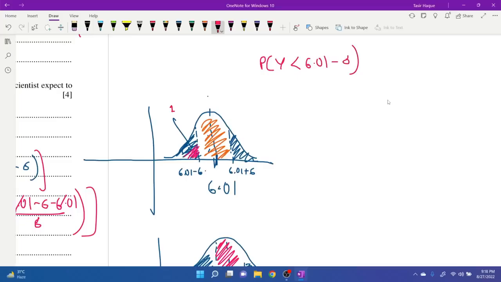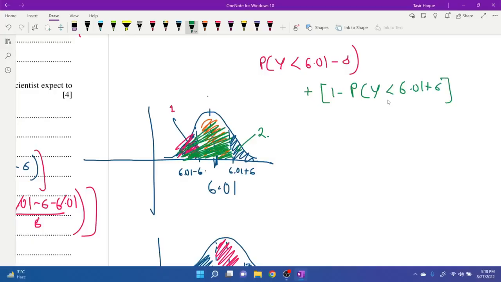That is this region. This is the pink area. And if you want to go for this area over here, area 2, that would be plus 1 minus P(Y is less than 6.01 plus sigma).